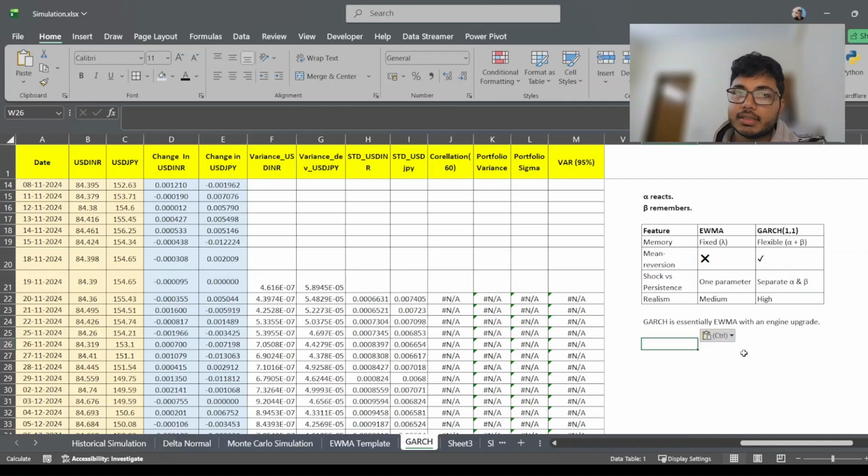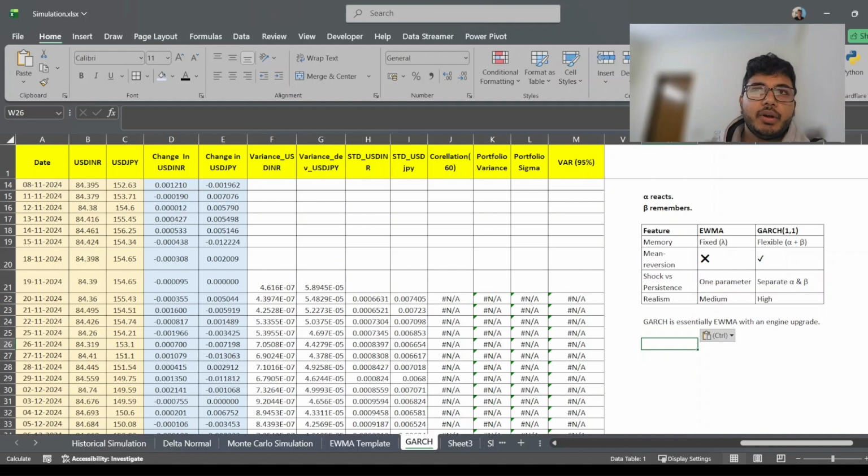So basically, GARCH is essentially an updated version of EWMA. Okay, so where is it being used? It is being used in FX and equity volatility forecasting, derivative pricing, banking risk engines, portfolio VAR, algo trading, portfolio optimization, hedge fund strategy.